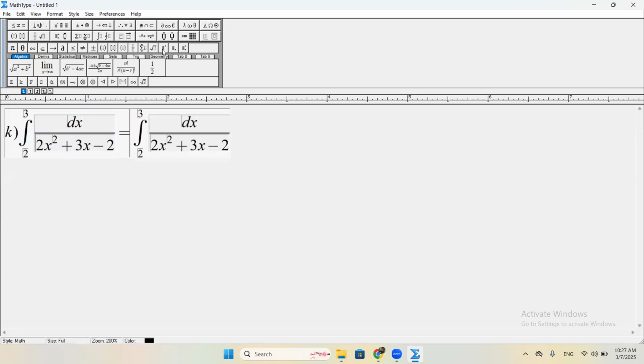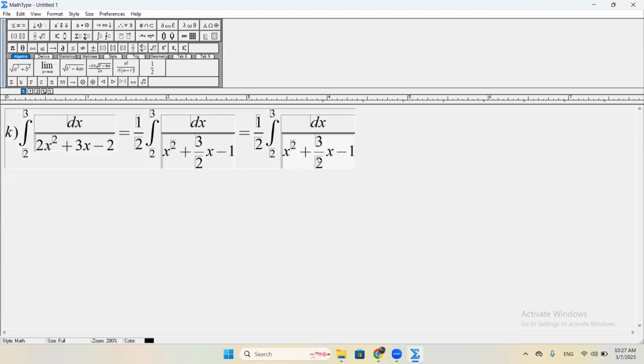Let's move 1 over 2 out of brackets, so we will have the following: x squared plus 3 over 2 of x, and here minus 1. So it will be easier for us to extract this perfect square. So x squared plus 2 by 3 over 4 x.